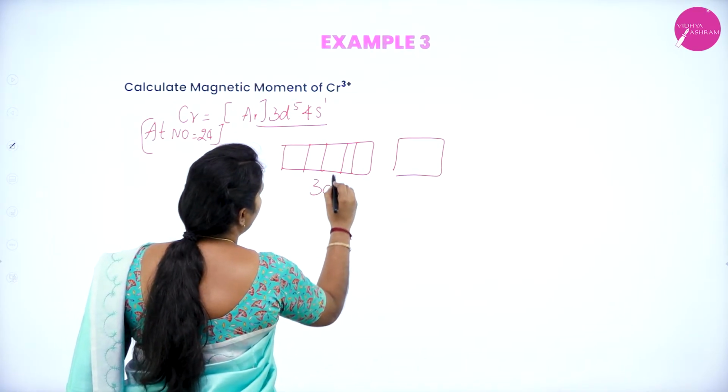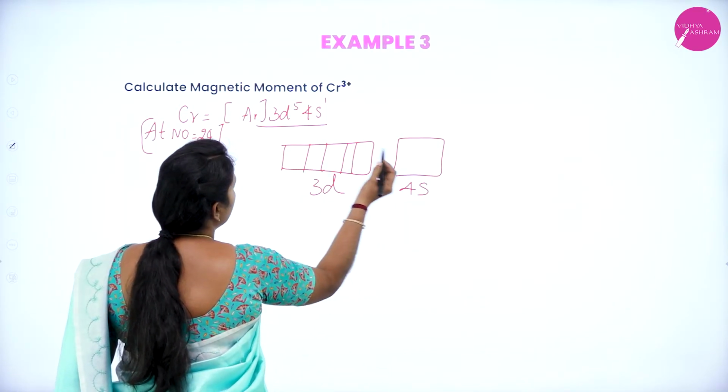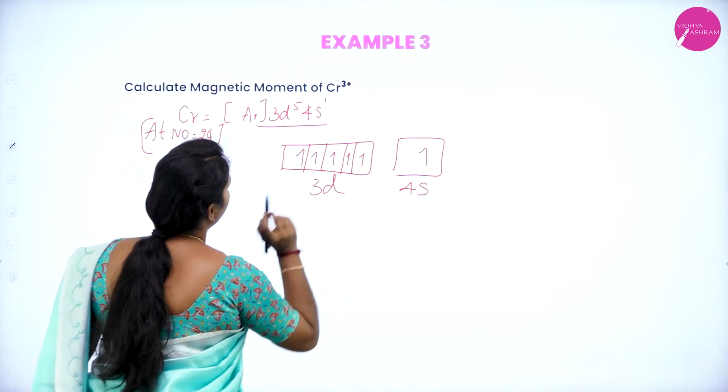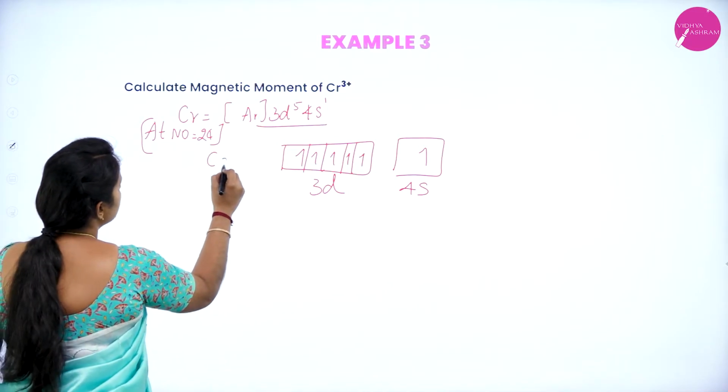In 4s, we have 1 electron, whereas in 3d, we have 5 electrons. So, this is for Cr.